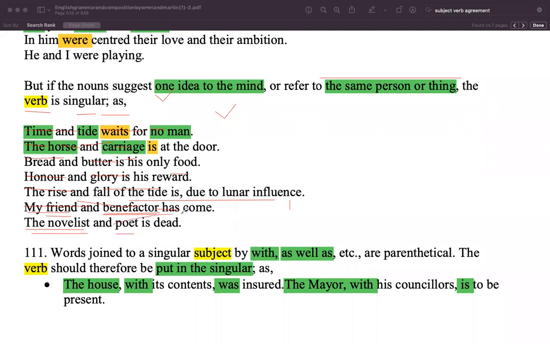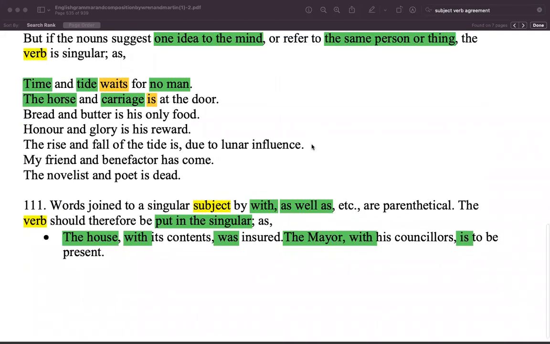The novelist and the poet are dead, but it is not written that. Similar to the previous sentence, my friend and my benefactor would mean two different persons. If it is written the rise and the fall, then it would be different, right? So that is why you have to observe nouns and articles very carefully. Clear, Priyani?